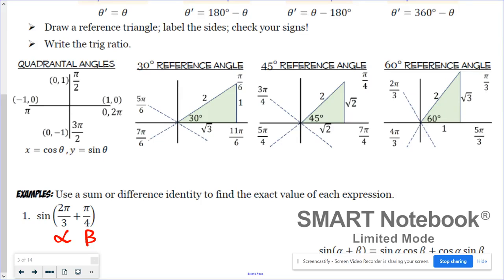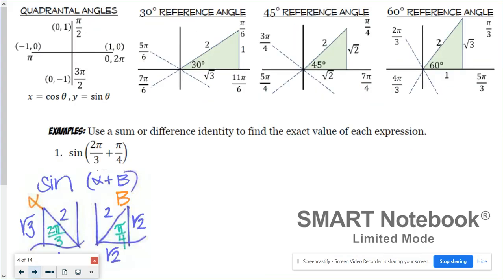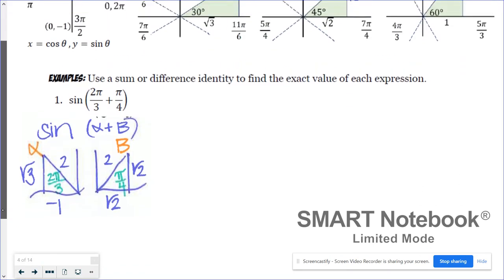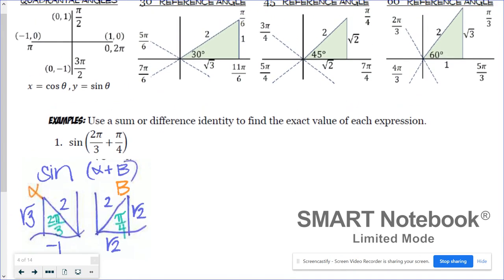This is going to be easy to do because I have these diagrams here. So for 2 pi over 3, I'm going to have a 60-degree reference triangle. And for pi over 4, I'm going to have a 45-degree reference triangle. And so I already drew those here. Notice I am getting all my info from these diagrams.